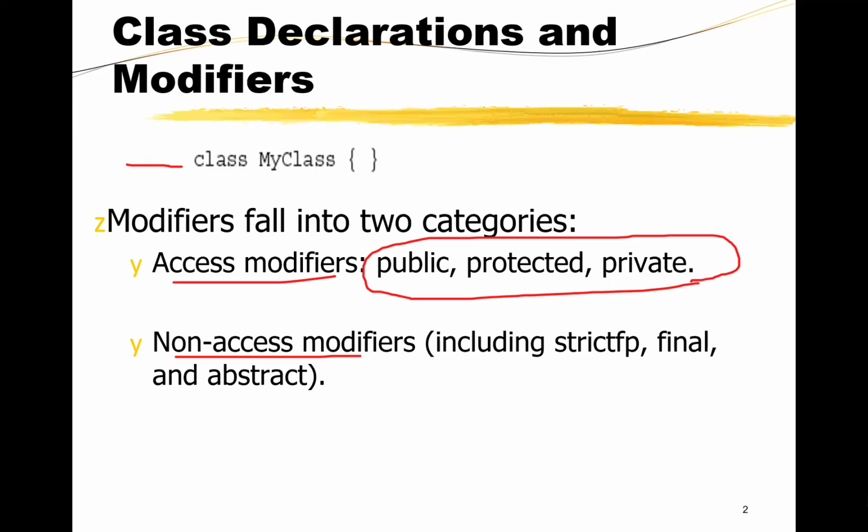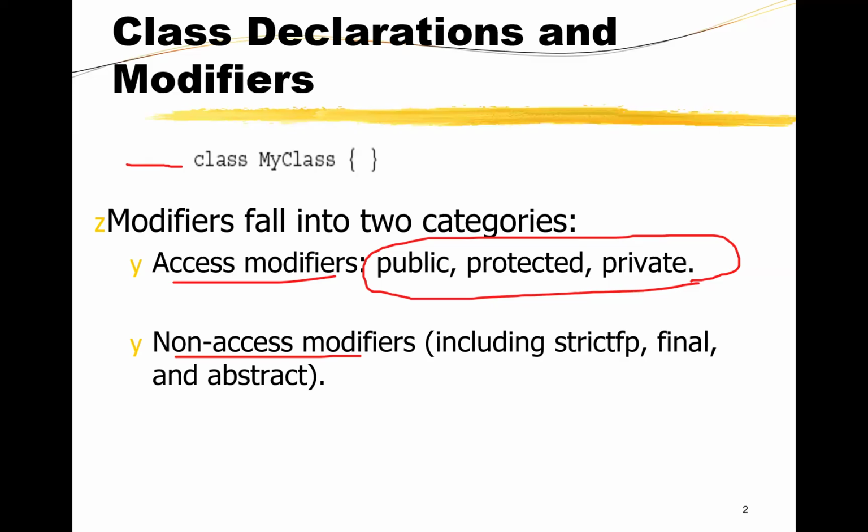Access modifiers are to limit the access, and non-access modifiers are for other purposes. Access modifiers control the access level, whereas the non-access modifiers provide other functionality and are not for controlling the access.